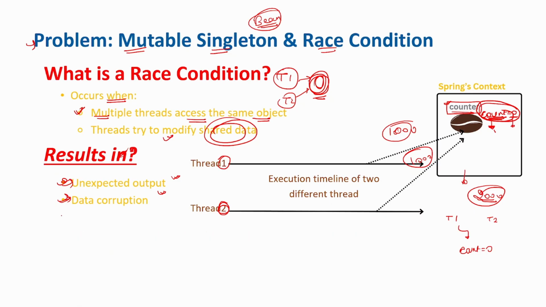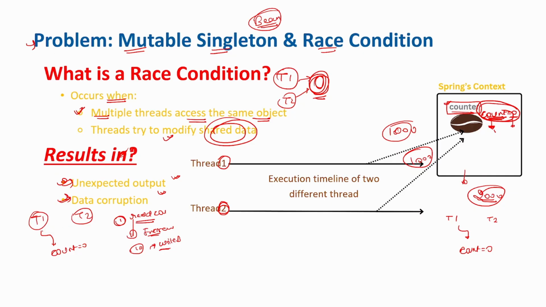Both t1 and t2 access the count value, which is 0. Incrementing the count is a three-step process. First it will read the current value of count, then it will increment the count, and third it will write it back to the count. So incrementing the count is of three steps.